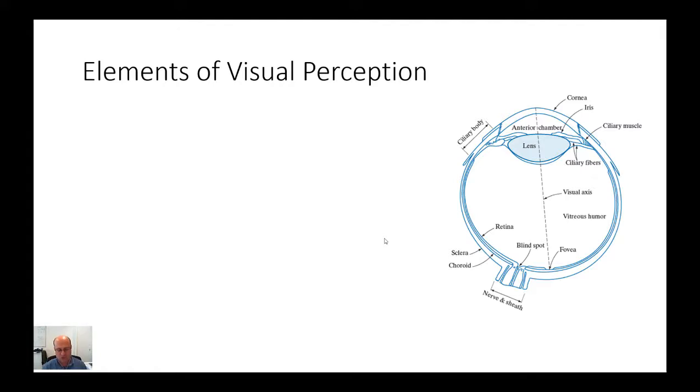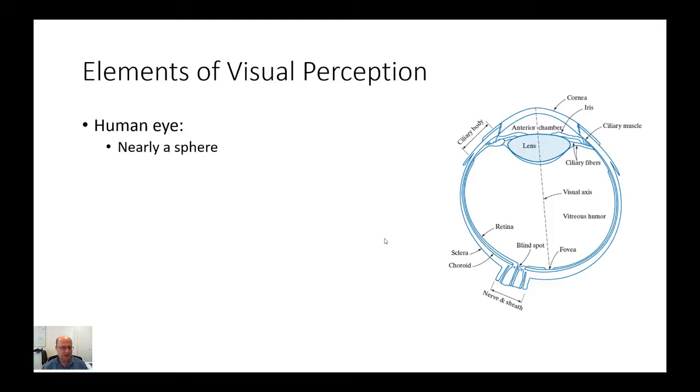Various animals have distinct ways of seeing things, of perceiving things, but as it's a course on computer vision, as we discussed in the first lecture of the topic, the goal of computer vision is to try to make machines understand the world or describe the world in the way that we describe the world that is seen by our eyes. So we're going to concentrate on elements of human visual perception. It's mostly based on the human eye.